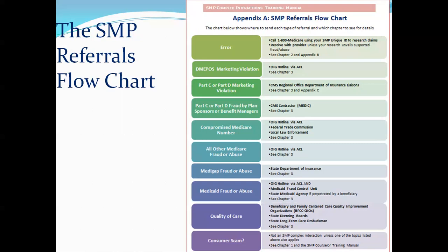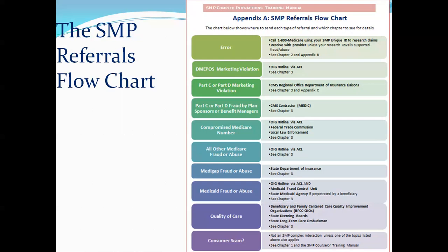The quality of care, you've heard me mention KEPRO before. KEPRO is our quality of care contractor. They're the Beneficiary and Family Centered Care Quality Improvement Organization. If you have any quality of care issues, I highly recommend getting KEPRO's number so the beneficiary can report that to them.